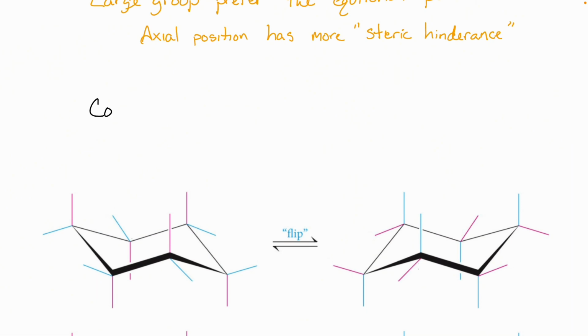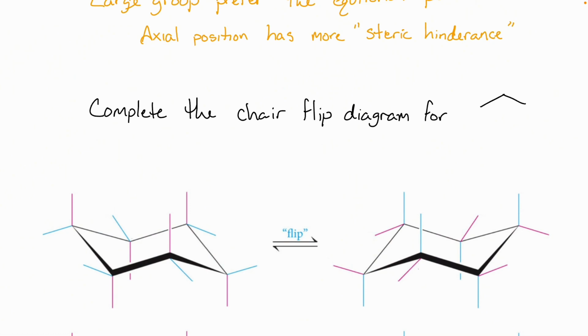All right, so we're going to complete the chair flip diagram for this 1,2-dimethylcyclohexane.